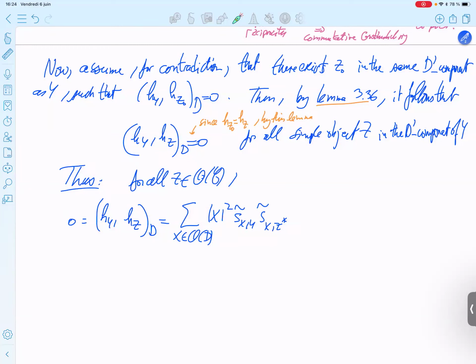So you multiply by the square norm of z, okay. And then you make the sum for all these z. So here you still have 0. Okay, so we are doing it like that.